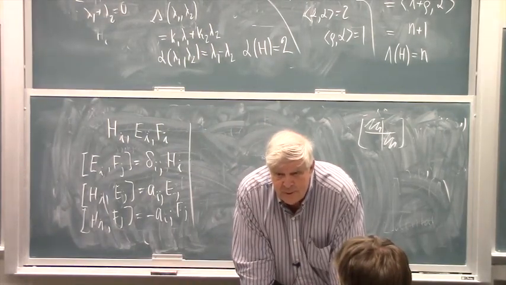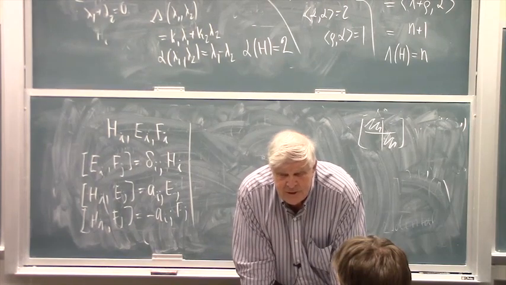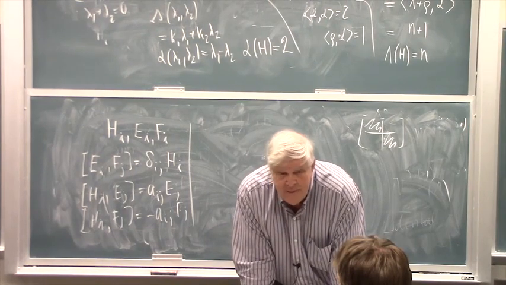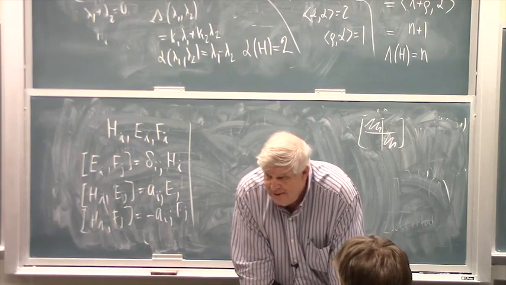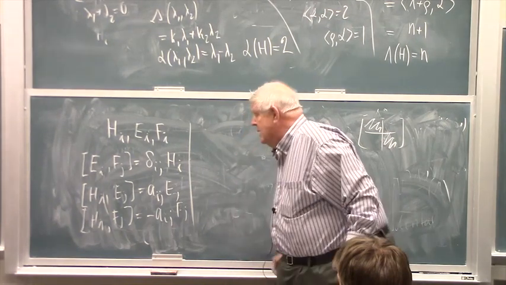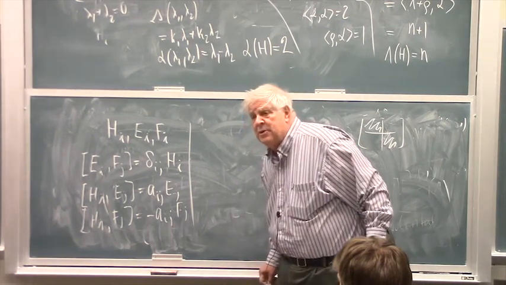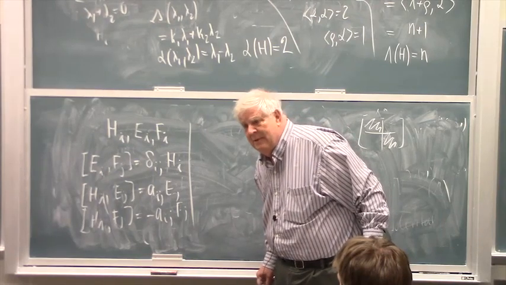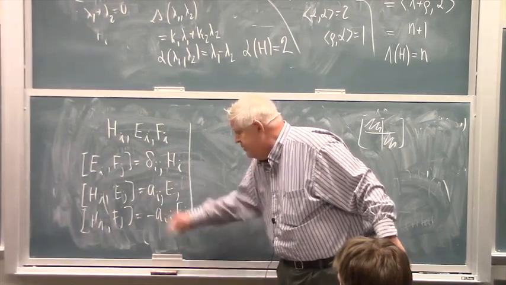But there is one more relation which very easily can be deduced from what we know about series of roots. What happens when you commute e's with f's? It is written here.